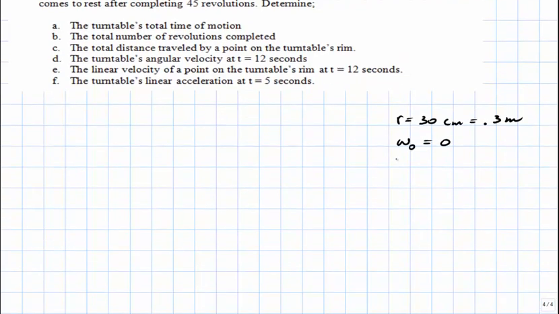And the final angular velocity in the first phase equals 500 revolutions per minute, which of course can be abbreviated as RPM.